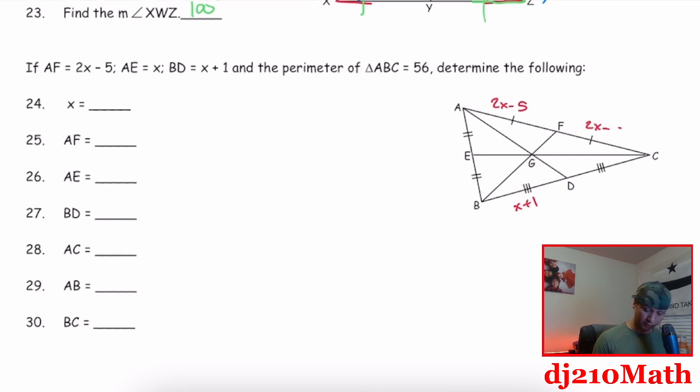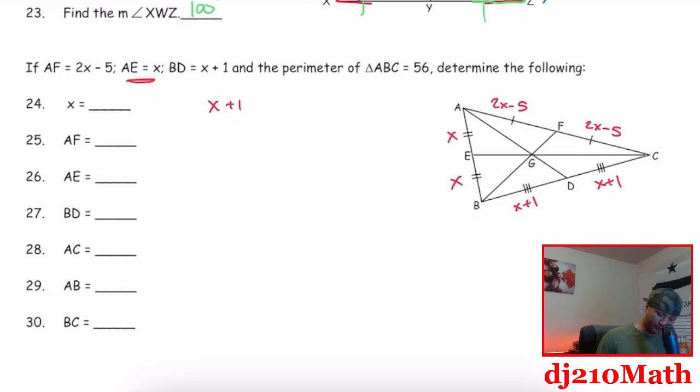This side is also 2x minus 5, and this side is also x plus 1, because that's what the tick marks mean. Okay, find x. Oh, look, I missed one. AE. Where's AE? AE is x. So that means this is x.